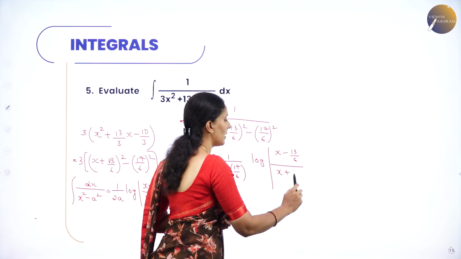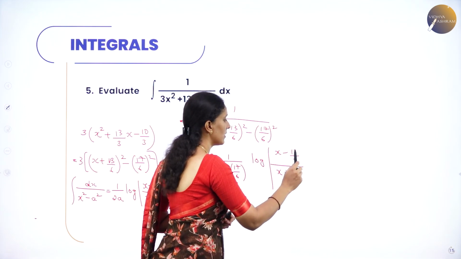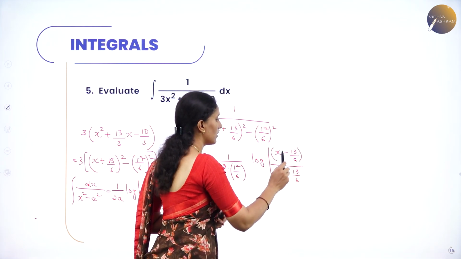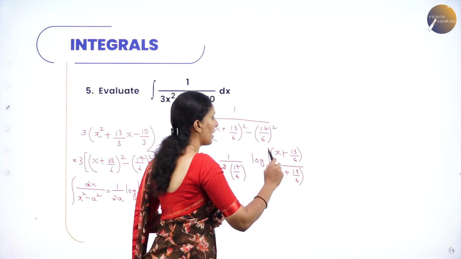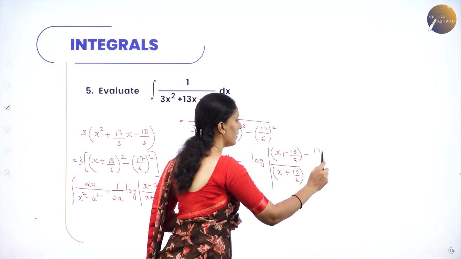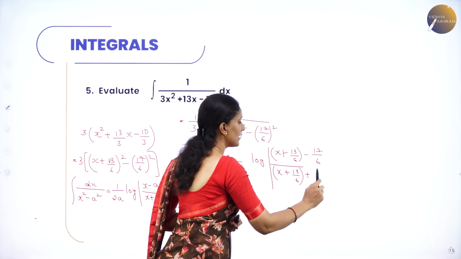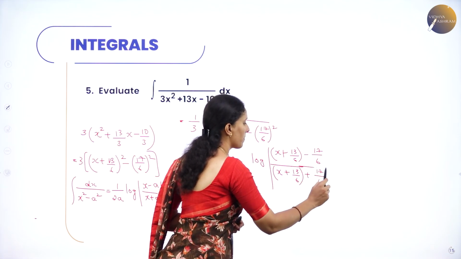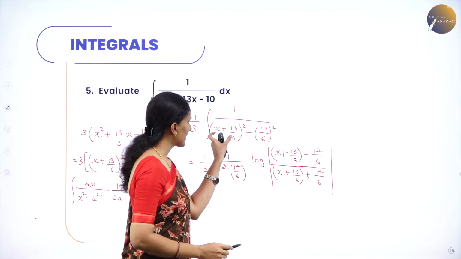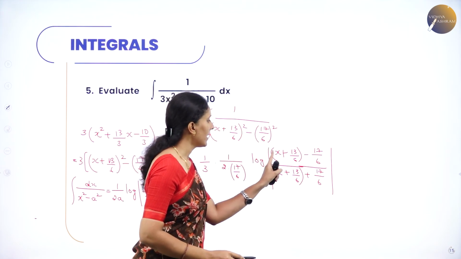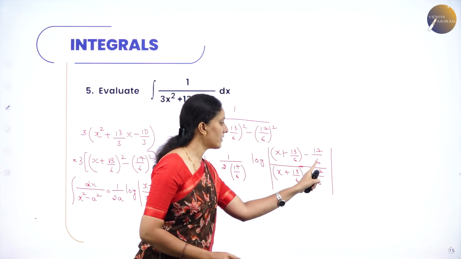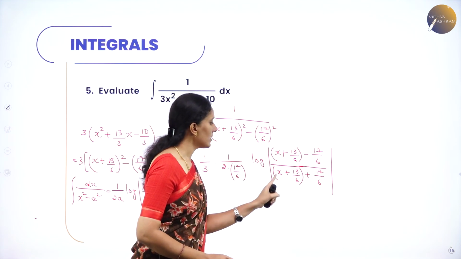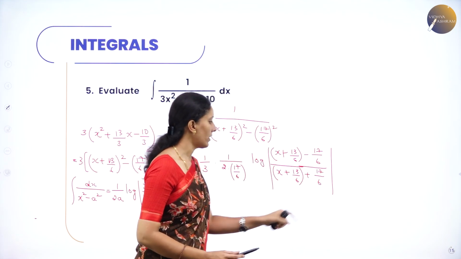Here x is x plus 13 by 6, and minus a is minus 17 by 6, remember. So x minus a is x plus 13 by 6 minus 17 by 6. x plus a is x plus 13 by 6 plus 17 by 6.